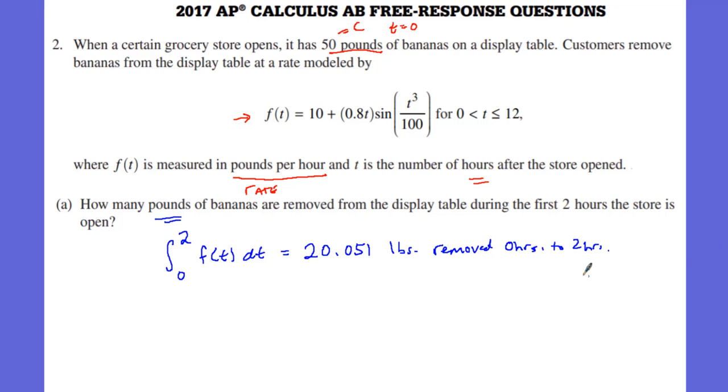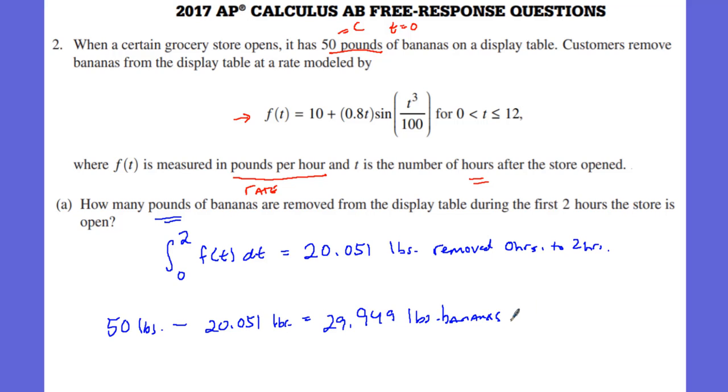Which means, since we start at 50 pounds, I can know how many pounds of bananas I have left. It would be 50 pounds minus 20.051 pounds in the first 2 hours, and that would give me approximately 29.949 pounds of bananas.